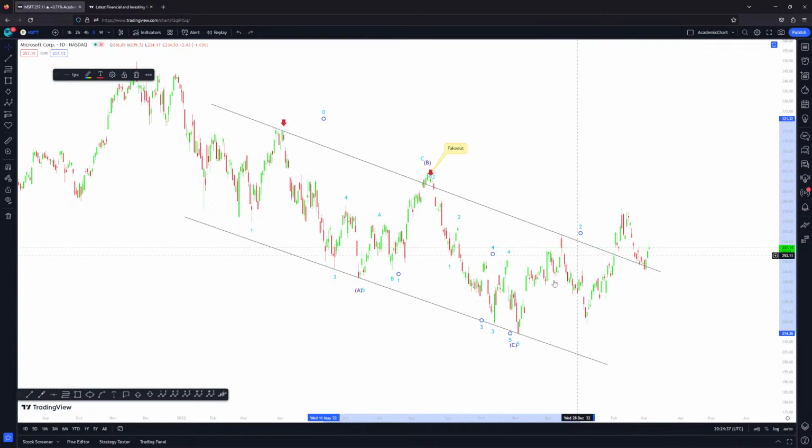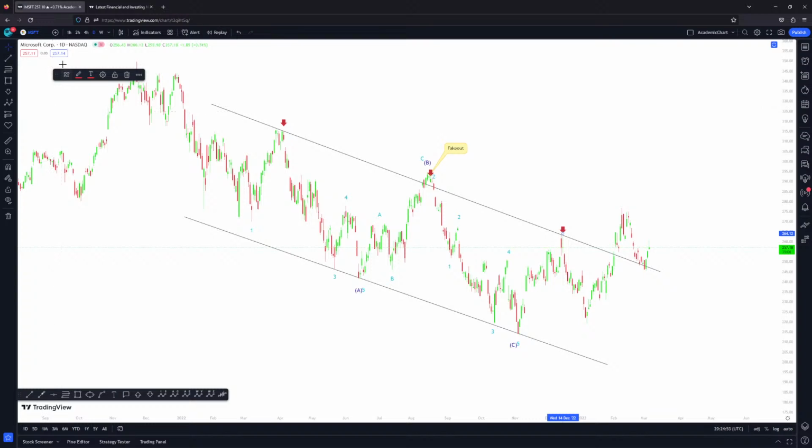Oops, I did a terrible job here. I duplicated everything. Okay, it again respected that line here after that fake out as well.